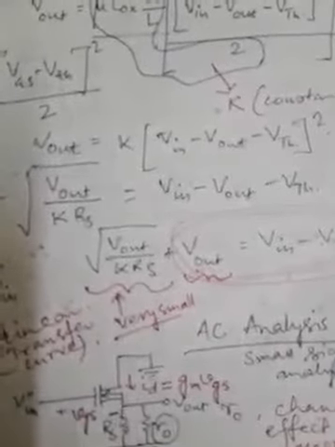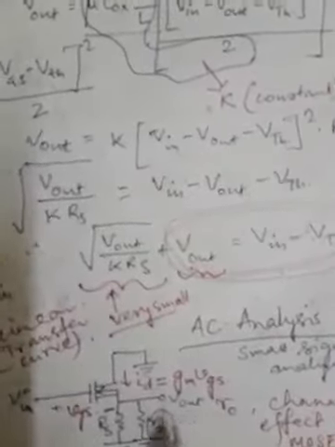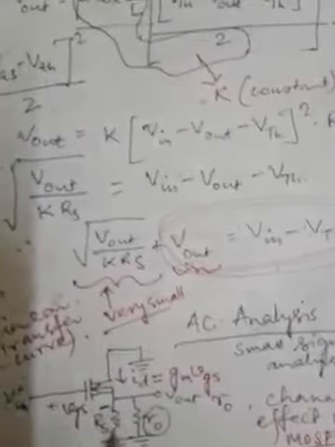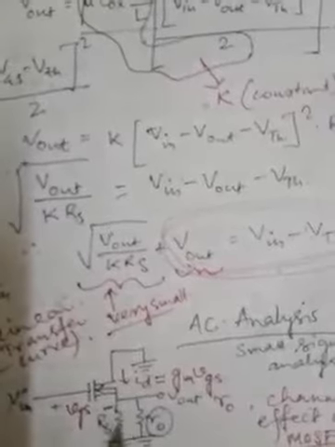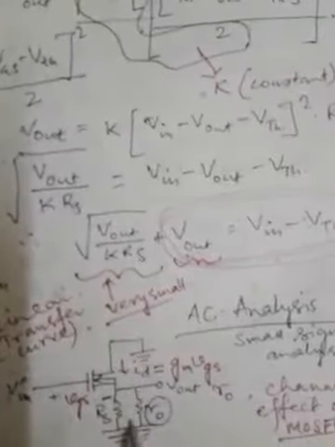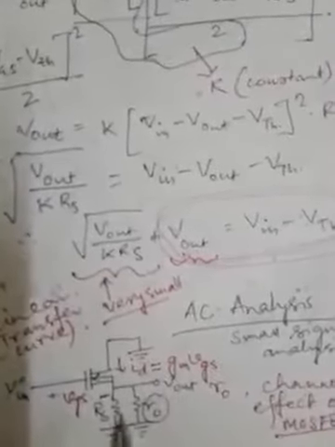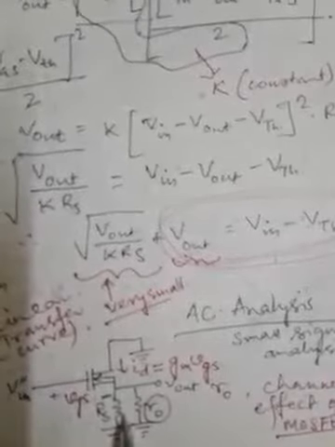This ID, when flowing through this RS, or rather RS parallel with RO. Now the equivalent resistance of these two will be the resistance through which, when ID is flown, the potential drop across that combined resistance, the equivalent resistance, will be V out.